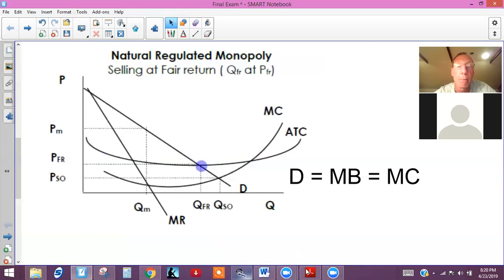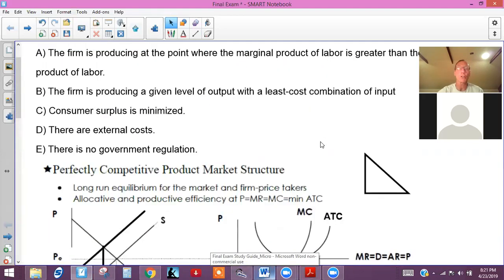Okay. Could you remind me what's the difference between the allocative efficiency and the productive efficiency? Productive efficiency is where the production cost equals their revenue, right? So it's at their least cost combination.